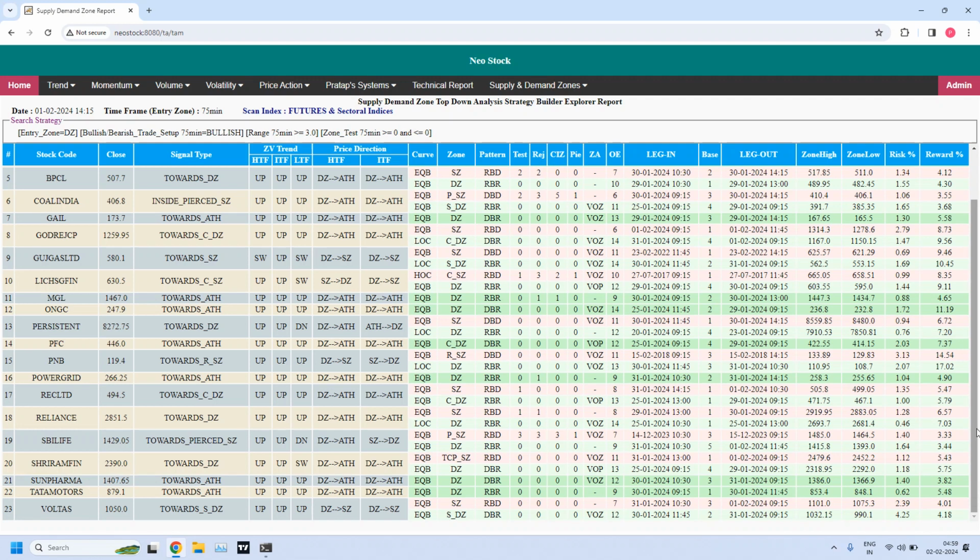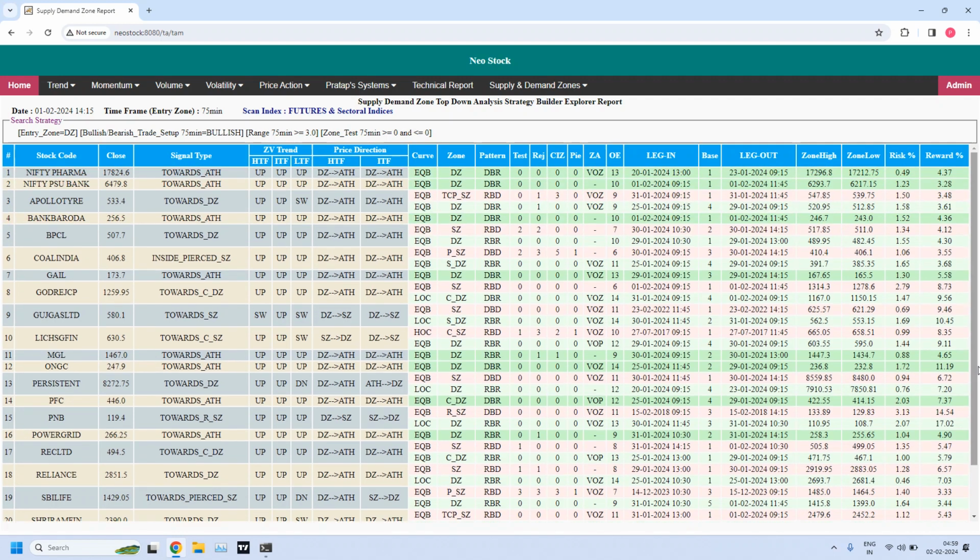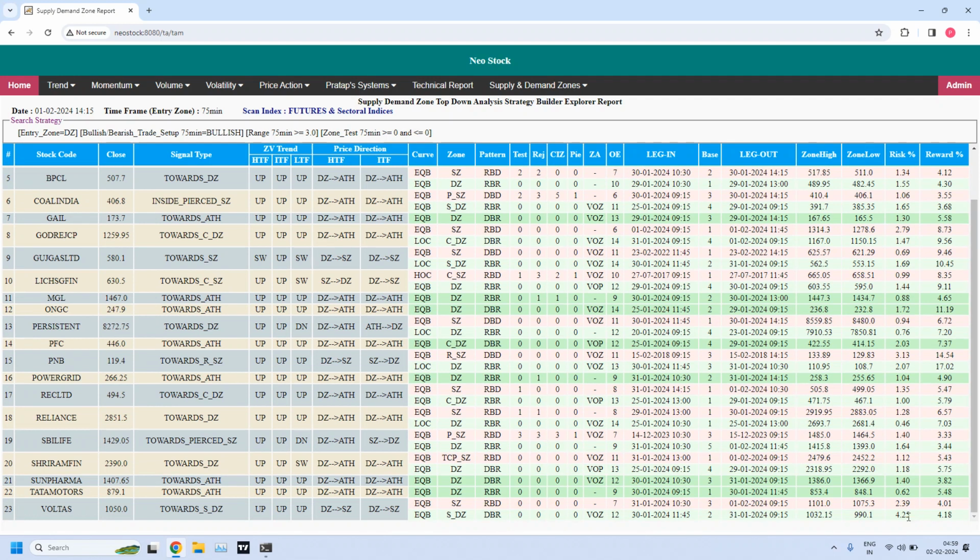Reward is more important for us, because risk we can fine tune. If the reward is already good, after fine tuning you get an even better reward. Improved reward. But the minimum initial reward should be great. Then whatever additional reward you are getting because of fine tuning, that is a bonus to you.